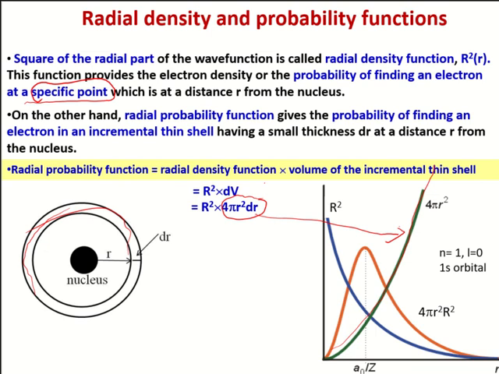At infinity, the value of 4 pi r square is very high. 4 pi r square is very large at the infinity, but the wave function has decayed to almost 0. So again the multiplication of the two term will be 0.